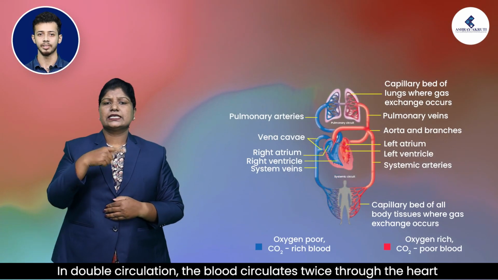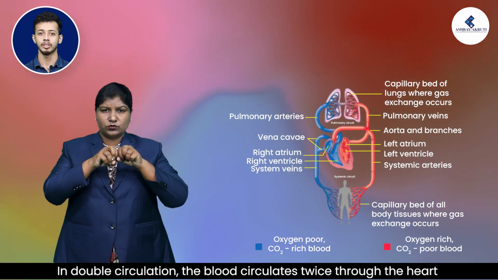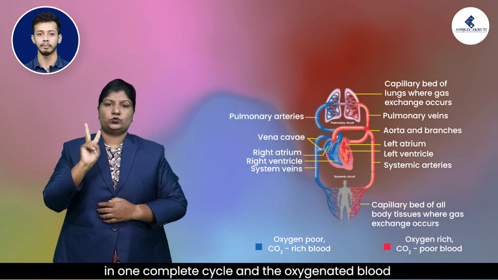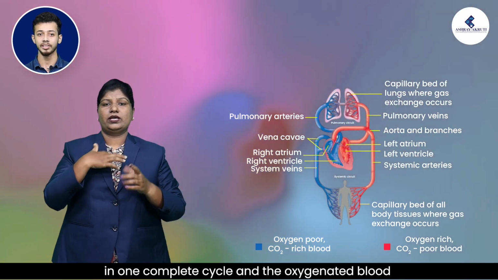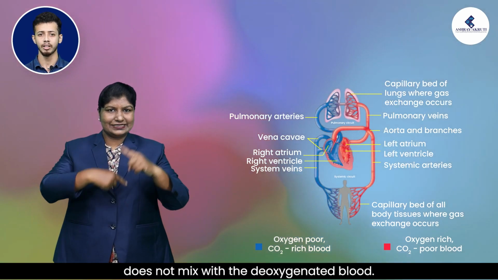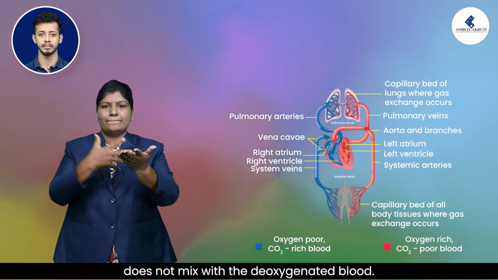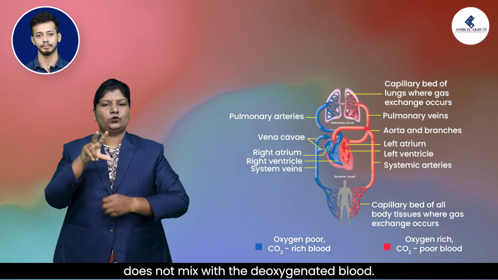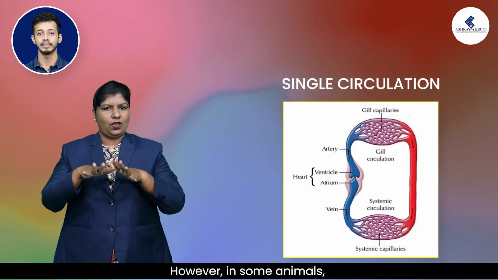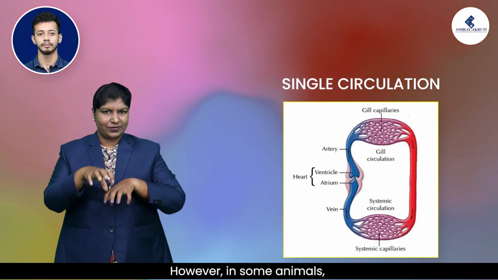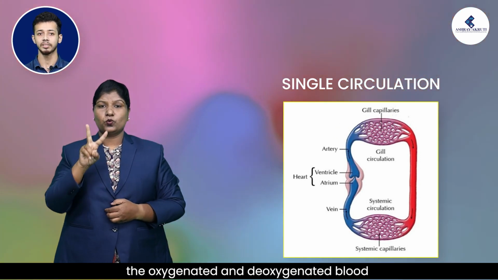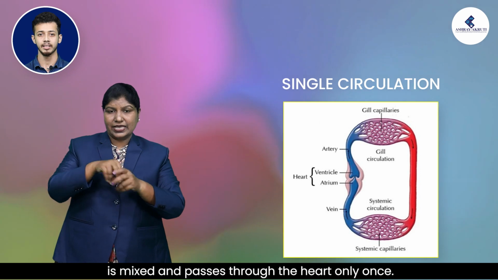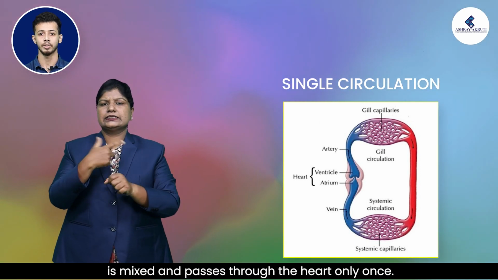In double circulation, the blood circulates twice through the heart in one complete cycle, and the oxygenated blood does not mix with the deoxygenated blood. However, in some animals, the oxygenated and deoxygenated blood is mixed and passes through the heart only once.